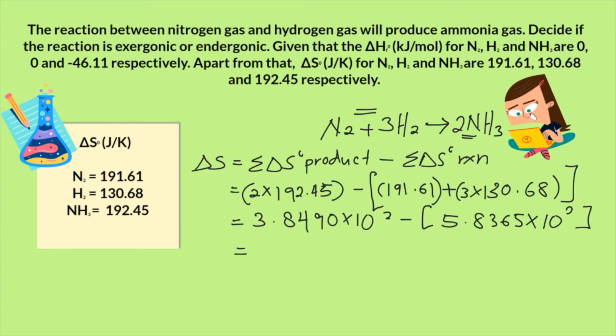So the delta S is equivalent to 3.8490 times 10 to the power of 2 minus 5.8365 times 10 to the power of 2. So you get delta S equivalent to negative 1.9875 times 10 to the power of 2 joule per Kelvin. This is the second step that you need to do for this question.